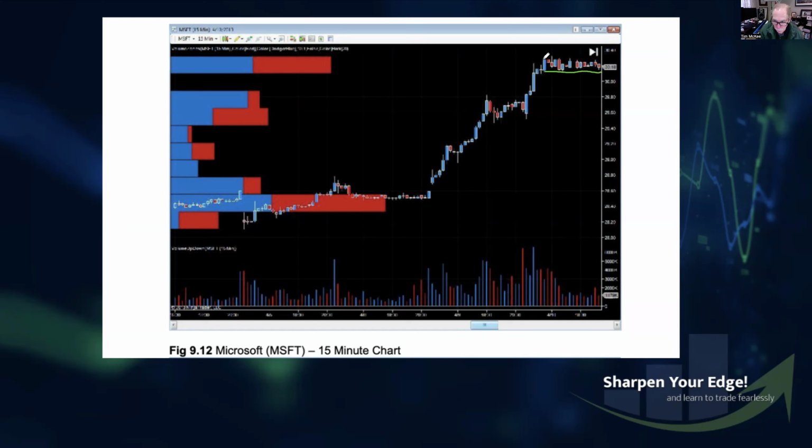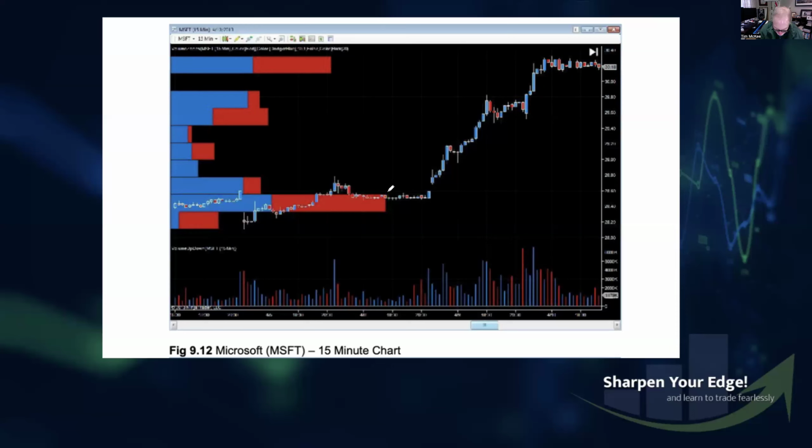Easy to see support, resistance, support, resistance, support, resistance, and then support, resistance. There are several levels of support and resistance within this price volume frame right here.